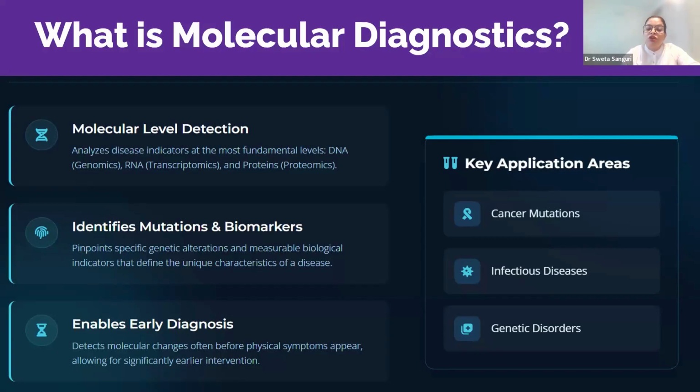In addition, molecular diagnosis also plays an important role in identifying genetic disorders which can be caused by inherited mutations. So overall, molecular diagnostics allows us to look deeper into the disease process, to move towards more precise diagnosis, to find disease earlier, and also to design personalized healthcare.